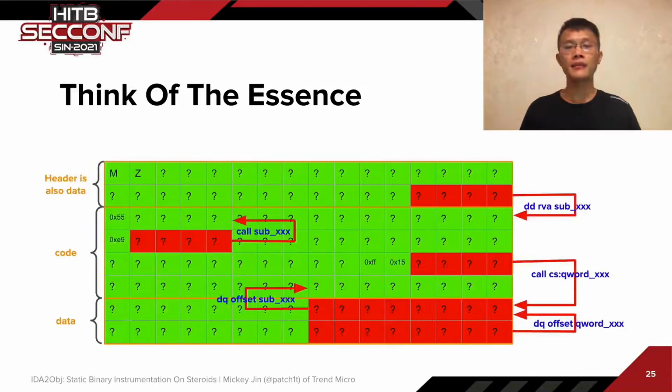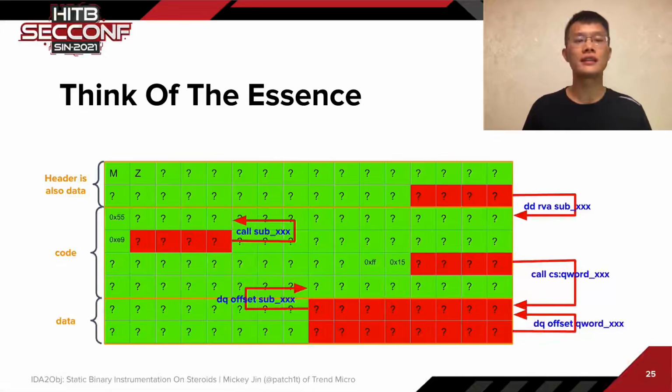The green part can be dumped directly. However, the red part has symbol references, which need to be relocated. So the key point of SBI implementation is finding all the cross-references, which are represented by the red arrows in the picture. And the main task is to fix them all correctly.